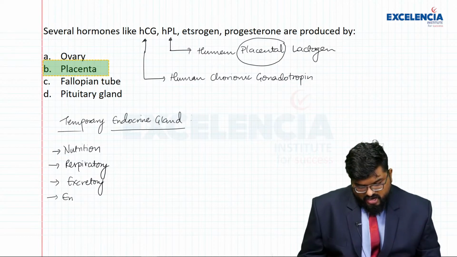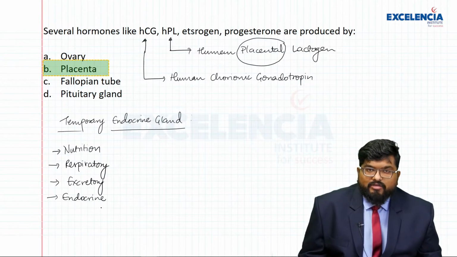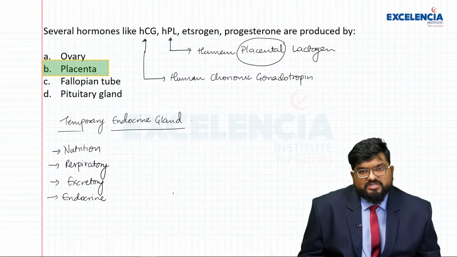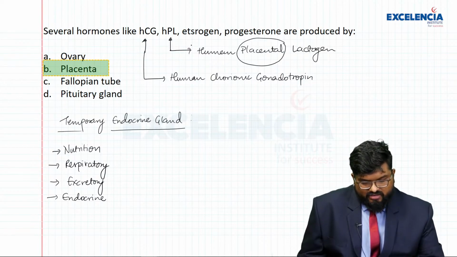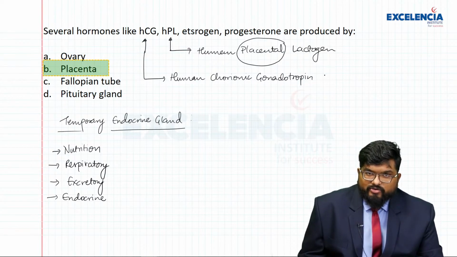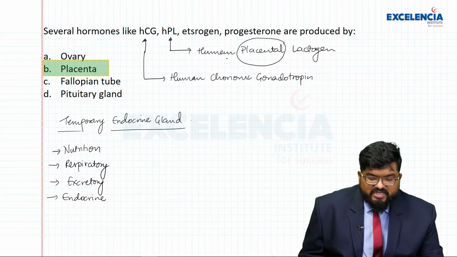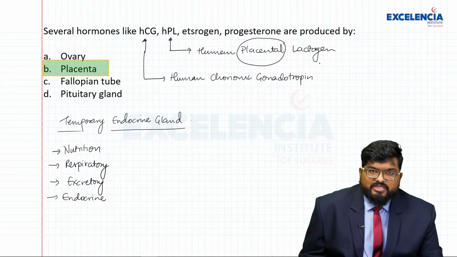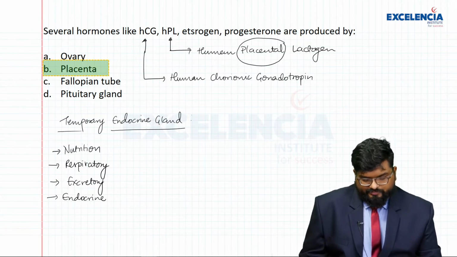And then endocrine. So endocrine, why? Because it is secreting hormones. So what hormones is it secreting? Human chorionic gonadotropin, human placental lactogen, which induces lactation, estrogen, progesterone. These are secreted by the placenta. Got it?